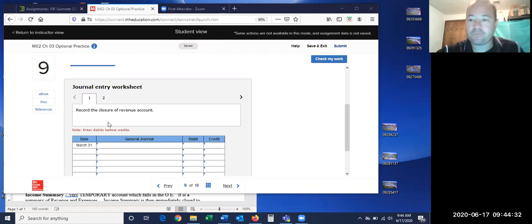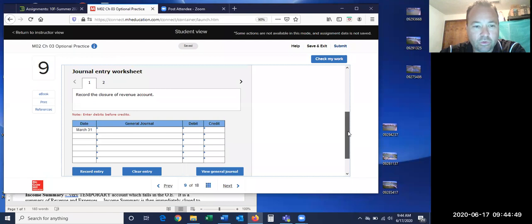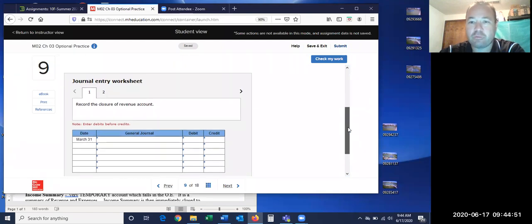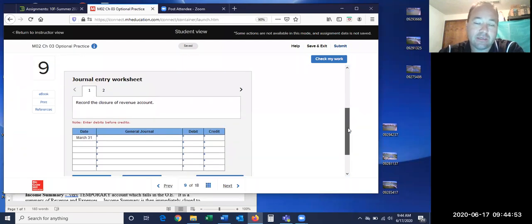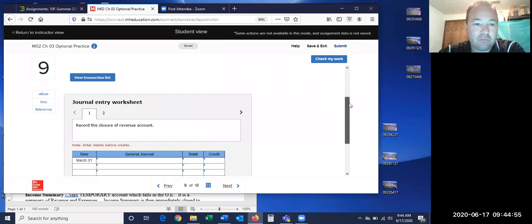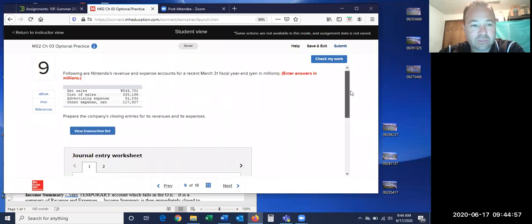So the first thing here, none of the exercises in the practice do a real good job of the closing entries nearly as well as what we just did in part 1, where we looked at closing out Dr. K. This one only has us do closing out the revenue and expenses. So basically 2 of the 4 steps. That's not as good, but we'll do as much as we can.